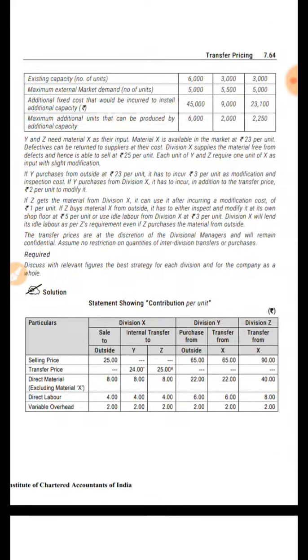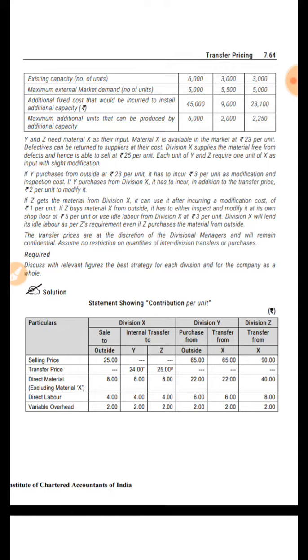Then the transfer price, if division X is transferring to Y, it has to be 24 rupees only, because as I said, if division Y is purchasing from outside, it comes to 23 plus 3, which means 26 rupees, whereas from division X it comes to 25 plus 2, which means 27.